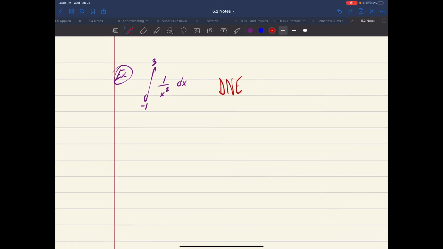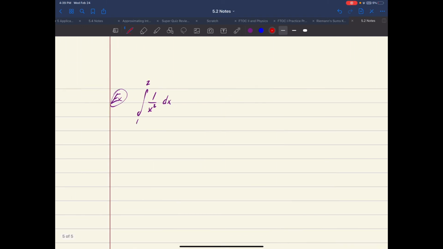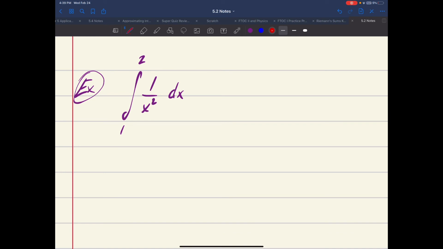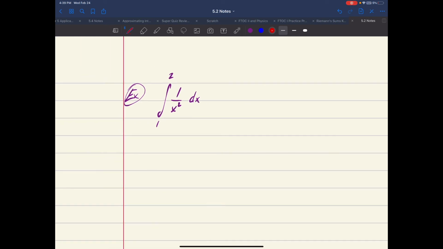Now what we could do is change the interval. As long as we're not evaluating across 0, we can do this one. So we would have the antiderivative of this. If I rewrite this, it's the integral from 1 to 2 of x to the -2 dx.